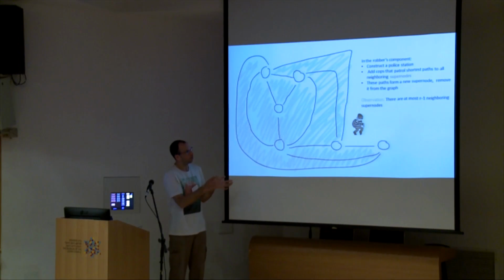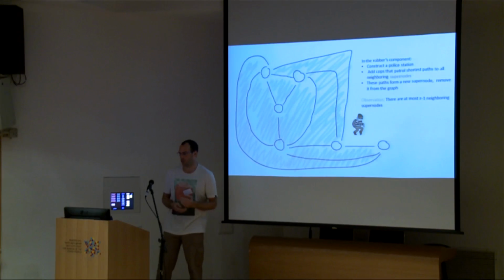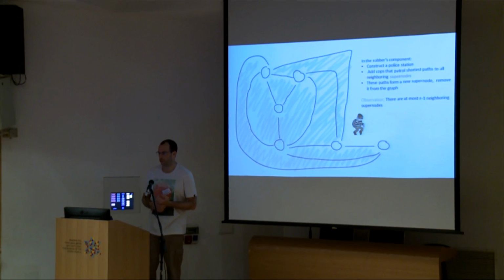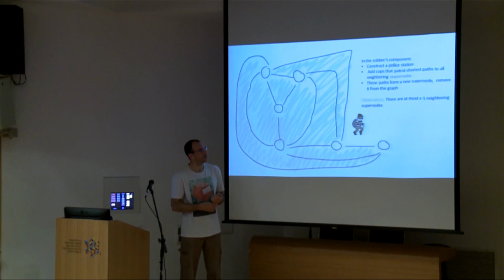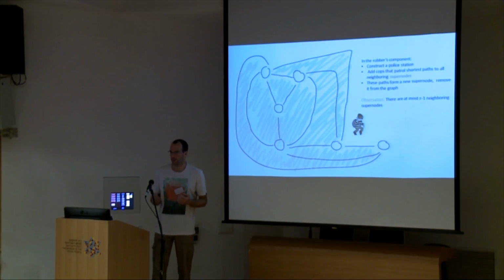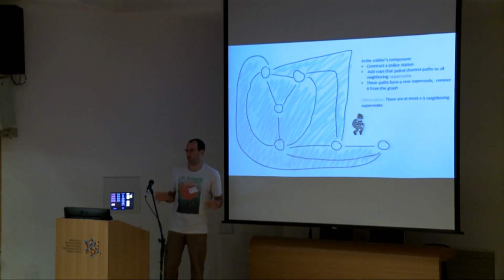So we disconnect the graph into components, and the robber has to decide in which component he lies, and we continue in this manner. And the key observation is that if your graph doesn't have a K_R, a clique on R vertices, as a minor, then you don't have too many neighboring supernodes.